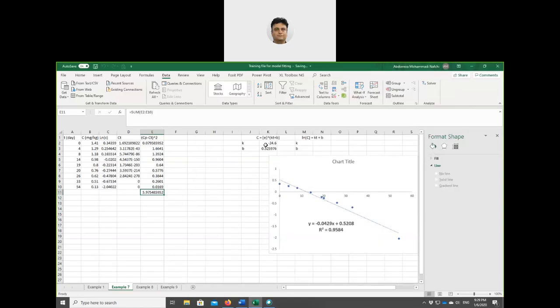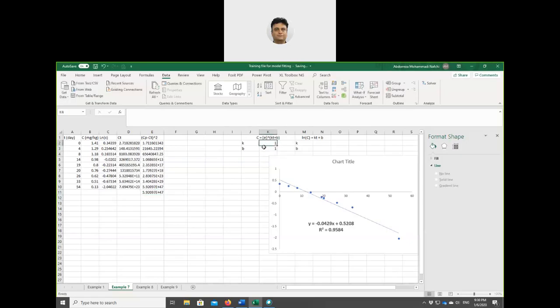This is because of the first guess. As I told you, if you draw CT and also C together, you can find that these two data are totally different. So why? Because our first guess is not correct. We put 1 and 1, and 1 and 1 is not correct.